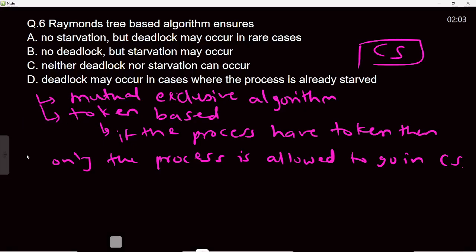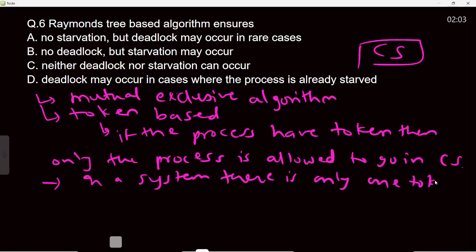But there is also one loophole, that is, in a system there is only one token. So in a critical section at a time there will be only one process, because in a system there is only one token which will be allocated to only one process. So there will be only one process in a critical section.